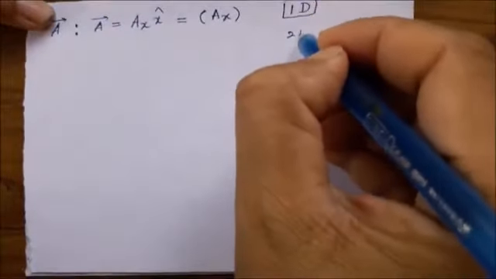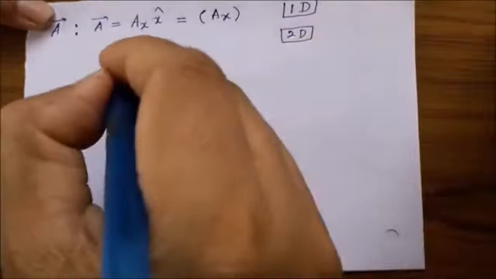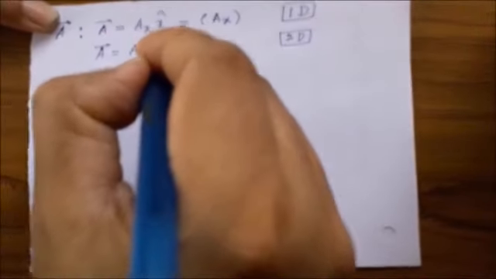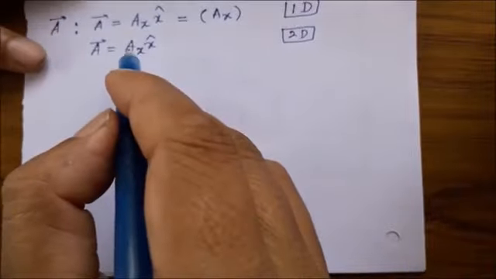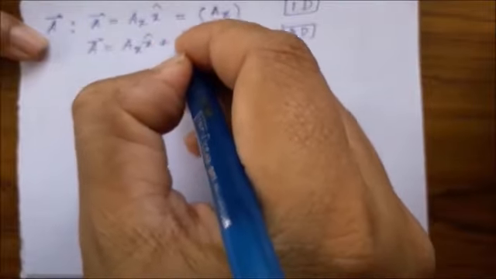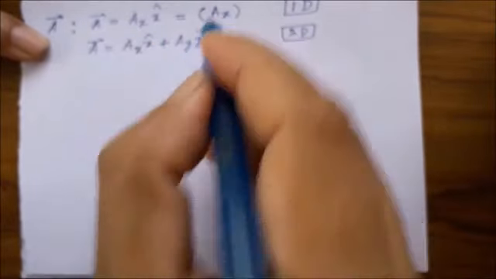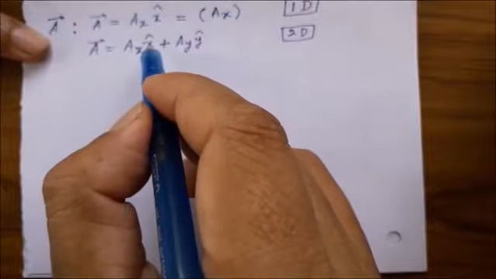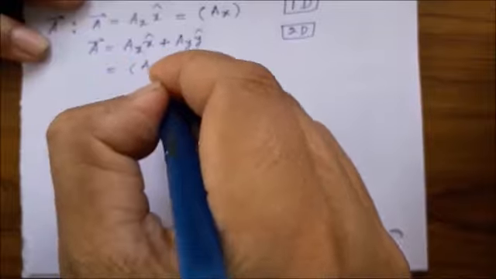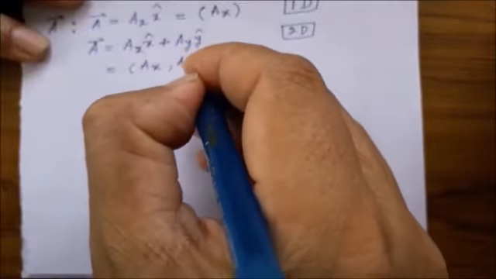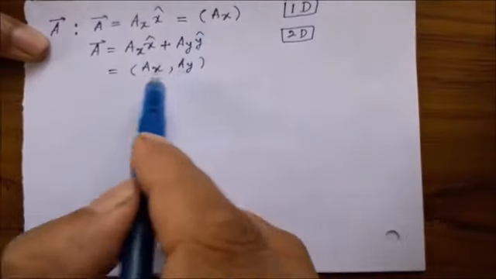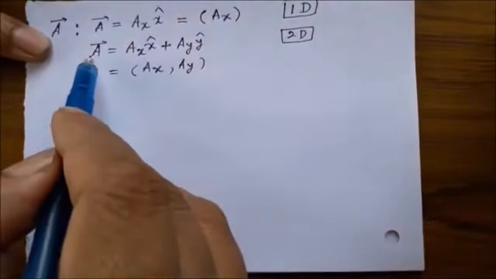In 2D space, this is for 1D, but in 2D we will have a similar thing repeated, and let us write it Ay y hat, where y cap is perpendicular to x cap, and this can be written in coordinate form as Ax, Ay. So in 1D one component, 2D two components needed to describe vector A.